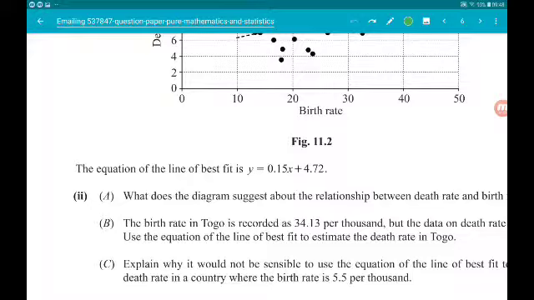Now, it's quite gentle positive correlation. The gradient is only 0.15. So, I guess we would say something like there is very weak positive correlation between birth rate and death rate. So, as birth rate increases, so too does death rate.